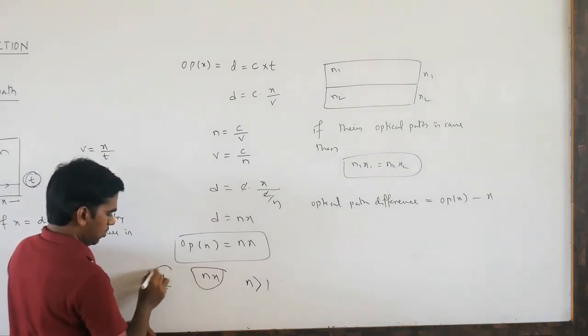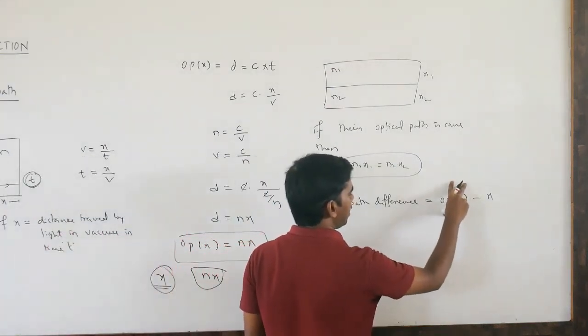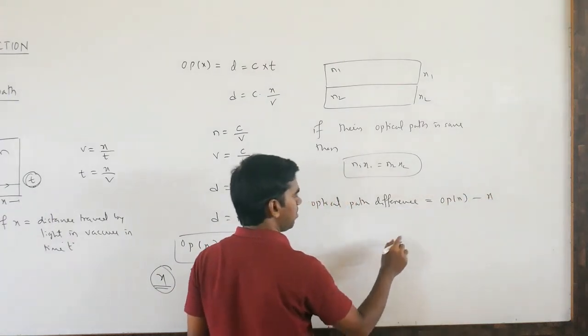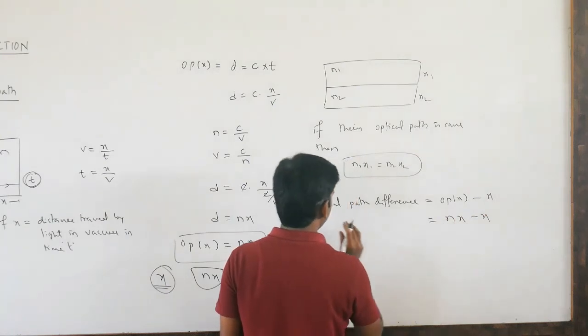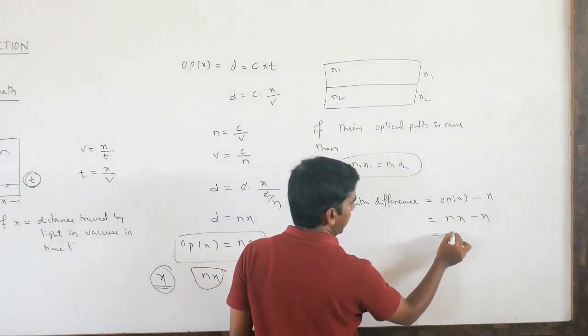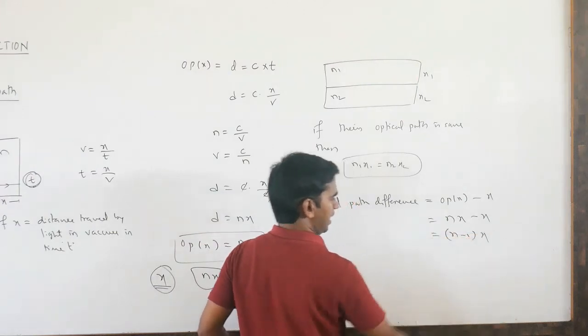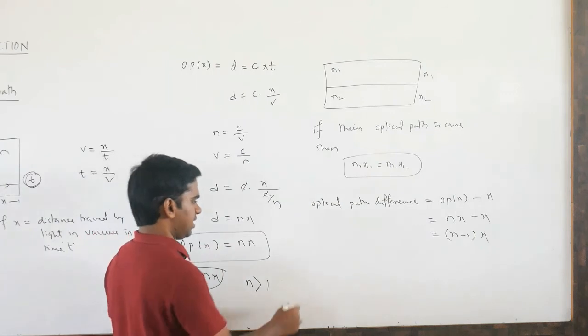That means nx is always greater than x. So if you want the difference, you take the optical path first, then subtract the actual path. So the optical path difference is n into x minus x, which is n minus 1 into x. Okay. They may ask, what is the optical phase difference?